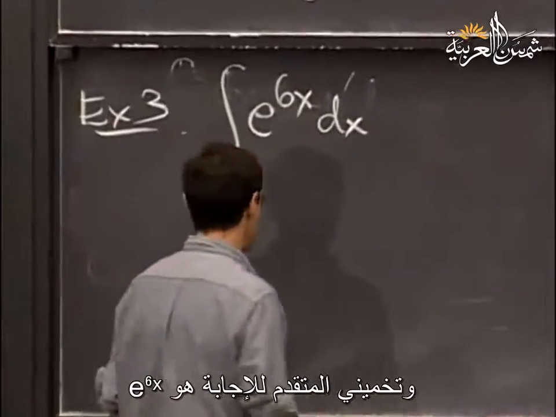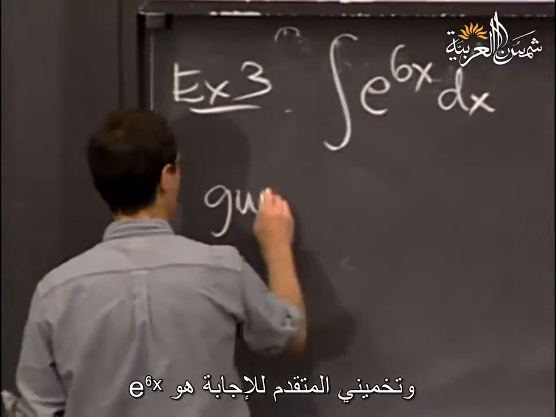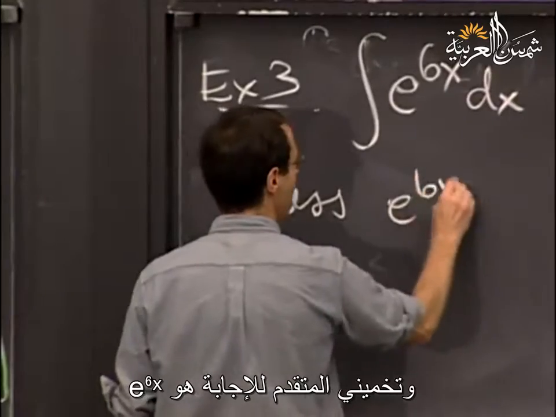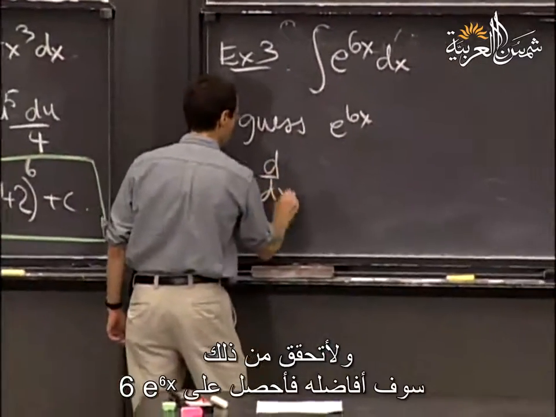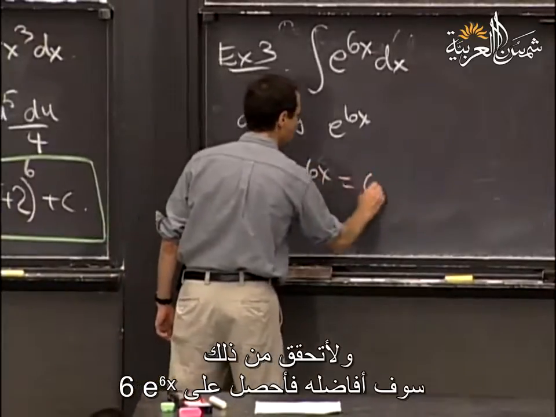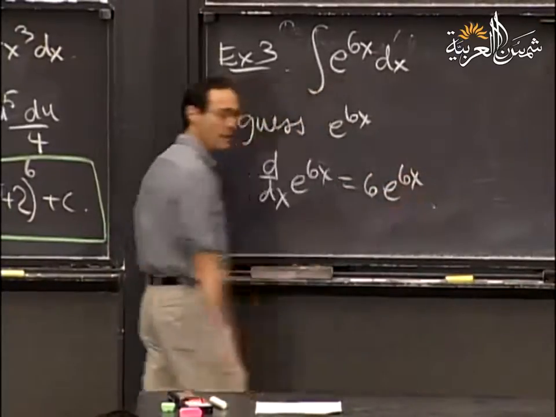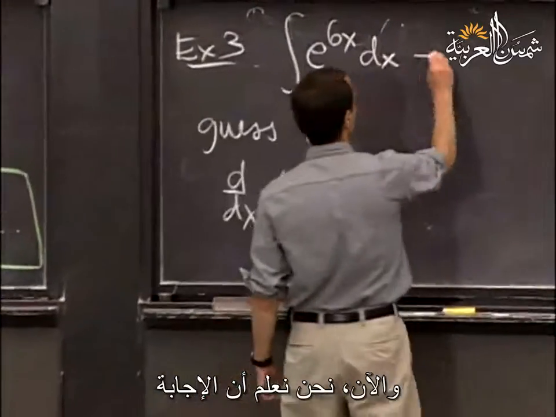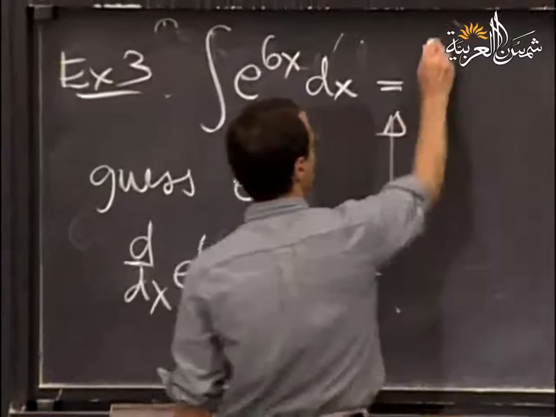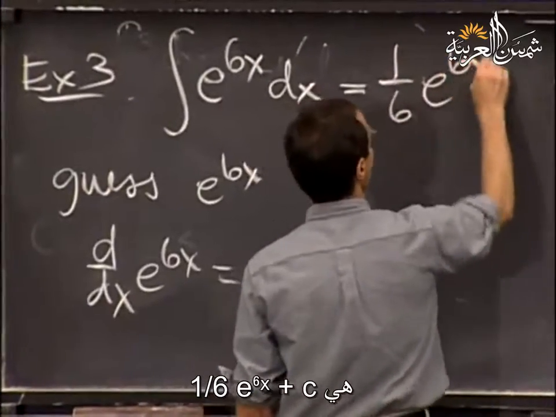My advanced guess is e to the 6x. And if I check when I differentiate it, I get 6e to the 6x. That's the derivative. And so now I know what the answer is. It's a 6th e to the 6x plus c.